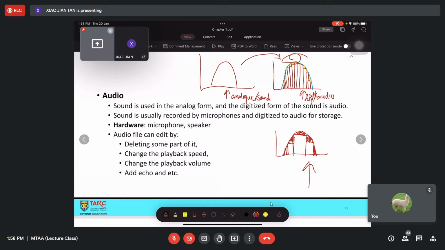Then you send this audio to your friend, and because it is already in digital form, your friend can speed up the playback to 1.5 or 2 times the original speed. So this is the difference.